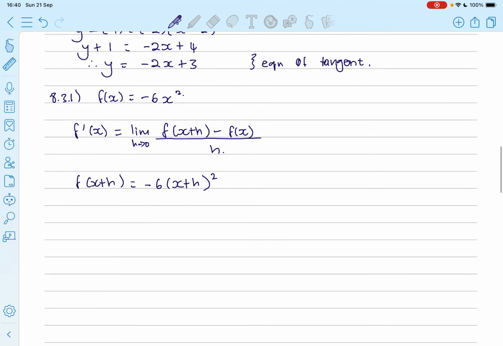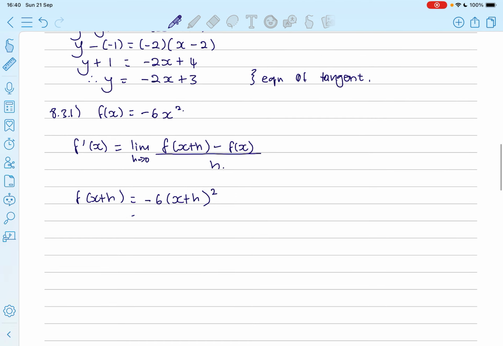So this then becomes, simplifying it, negative 6 times x squared plus 2xh plus h squared. Close our bracket and then we multiply the 6 inside, which is negative 6x squared, negative 12xh, also minus 6h squared.